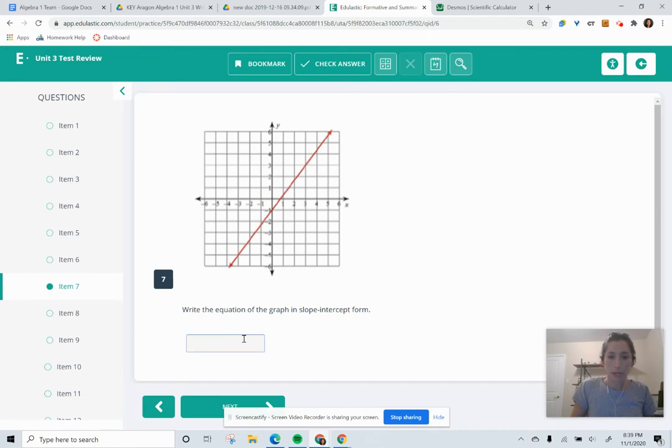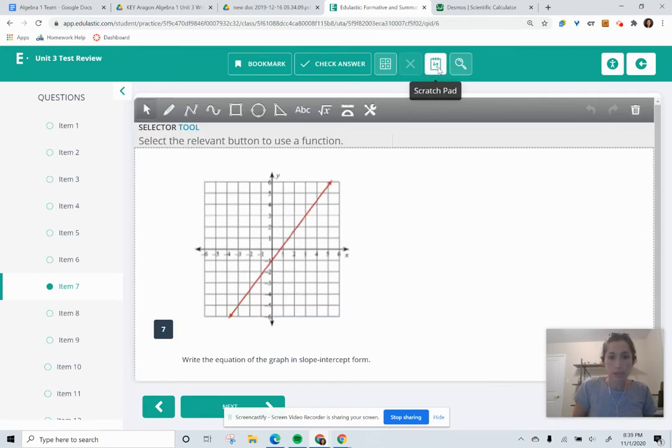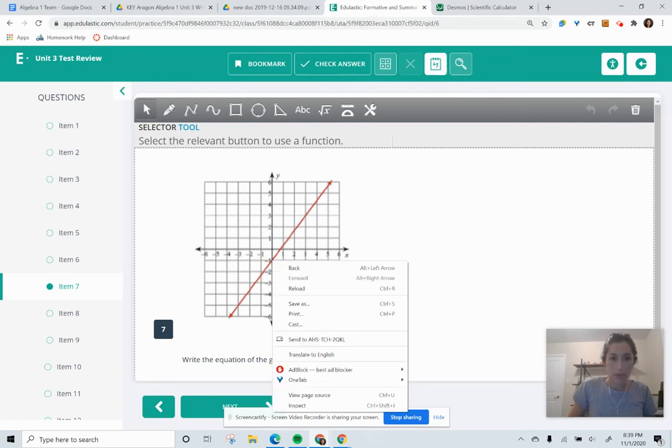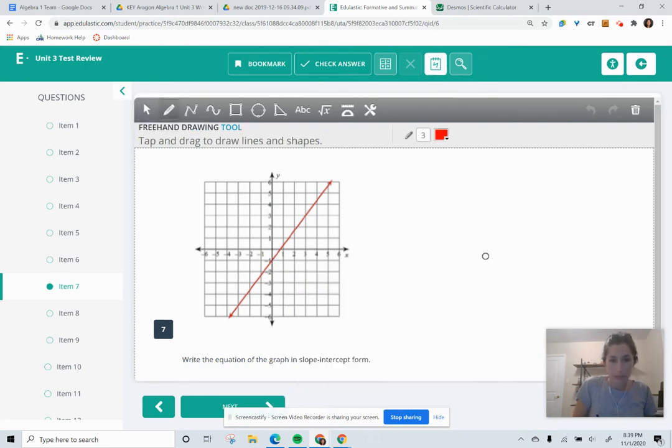All right, now we're just writing our equation in slope-intercept form. So we need to know 2 things. We need to know our b value. That's right here. b is negative 1. And we need our slope. So I need another point to be able to identify it. So then I can count 1, 2, 3, 4, and to the right 3. So 4 over 3.